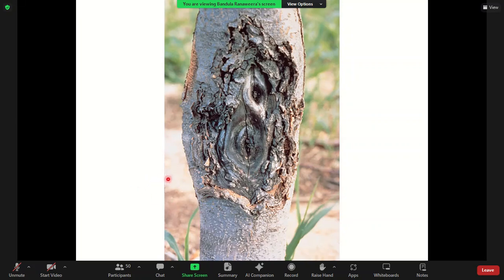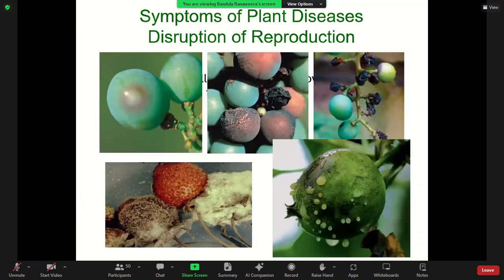Now, other than these vegetative parts or leaves of the plants, reproductive structures of plants are also affected. The fruits and seeds are affected by the pathogens.